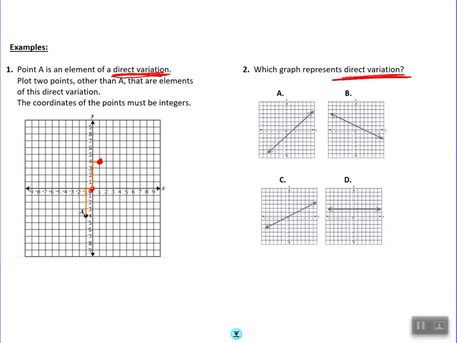And it might be a little bit hard to see, but if we look at where 0, 0 is, here's 0, 0, here's 0, 0, here's 0, 0, and here's 0, 0. C is the only graph where the line goes through 0, 0. So C is our direct variation.